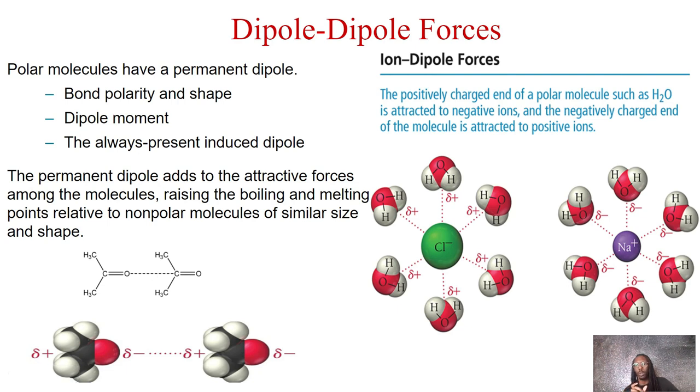And that's the key thing we want to understand. Polar molecules can have dipole moments, as well as London forces, as we mentioned before. Ion dipole forces will only be between ions. So if you do not have an ion, you do not have an ion dipole force. Okay, so you want to understand the difference between an ion dipole and a dipole.